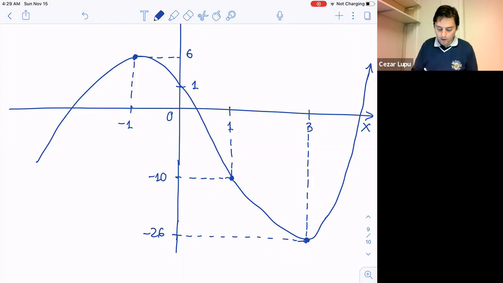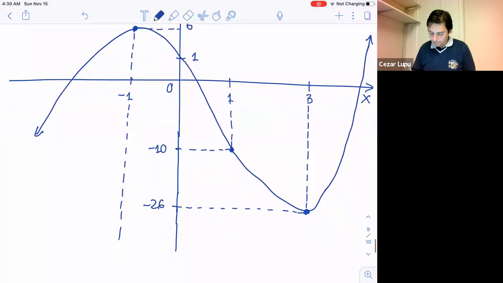So this is the graph of my function f. Look at it. Now let's interpret this.